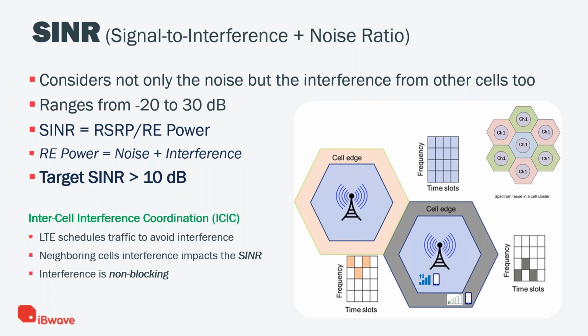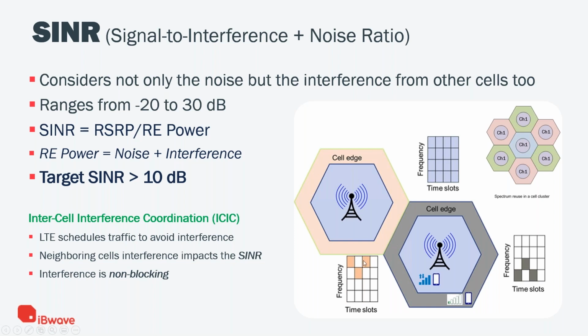And if we have, let's say, two cells using the same channel, closer to the antenna you could use all the resource blocks, for example here. So let's say this is a resource block, you could use all of them per device. But when you are at the cell edge, then you start getting high interference.